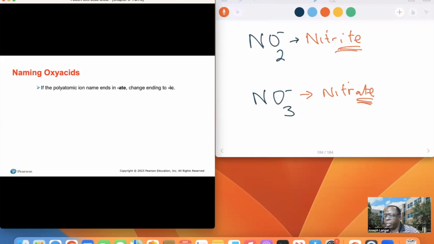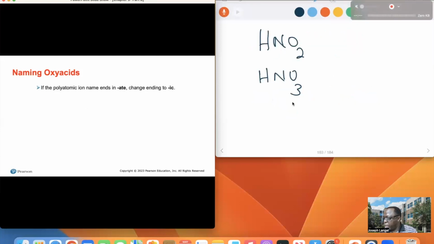Nitrate ends in ATE. This bullet point here indicates that if polyatomic ions end in ATE, change the ending to IC. It's just going to take a while or a couple of studying sessions to really understand how ITE and ATE work from polyatomic ions. So how do we change to IC? If I go back here, and this is aqueous, we say this is nitrous, OUS.